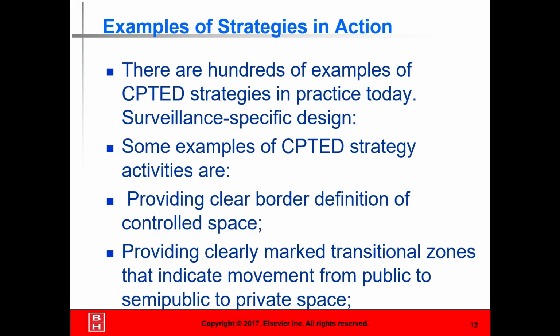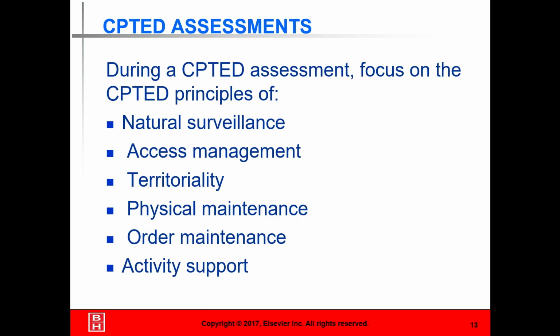Relocate gathering to locations within natural surveillance and access control, or away from view. Make sure you have no blind spots with your camera system. Place safe activities in unsafe locations to bring along natural surveillance. Place unsafe activities in a safe spot to overcome the vulnerabilities. Redesignate the use of space, improve the schedule of the space that we have, redesign space, overcoming distance and isolation. So these are some of the things that we want to do.